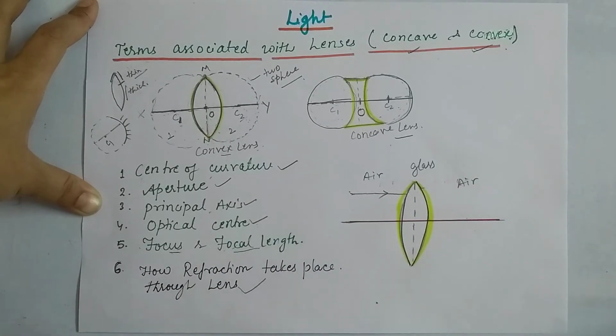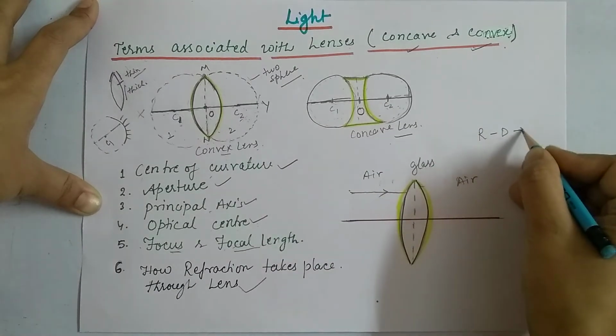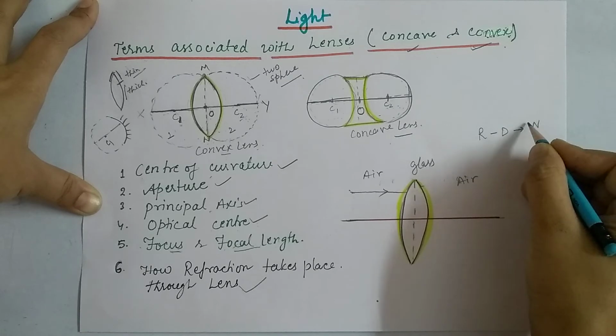So here we know that when the light moves from rarer medium to denser medium, it moves towards the normal.